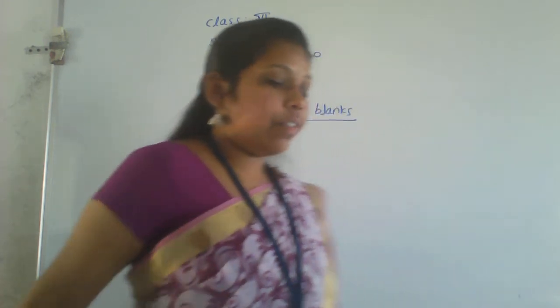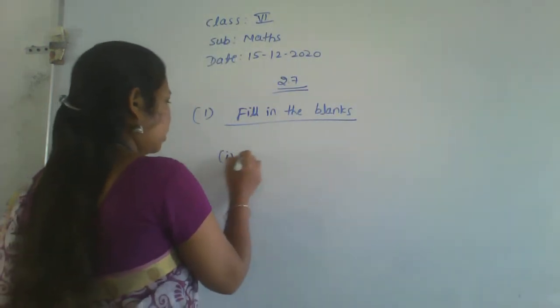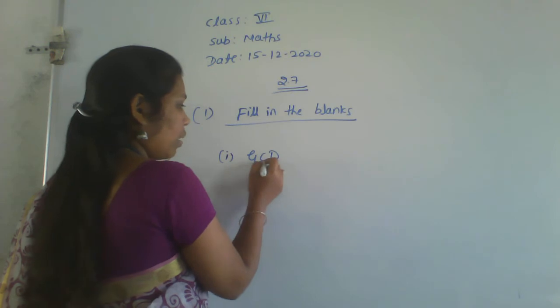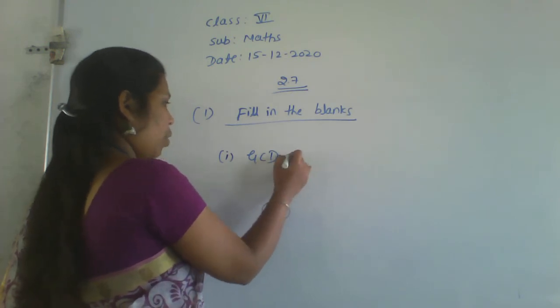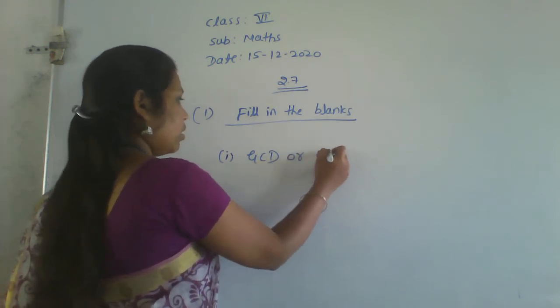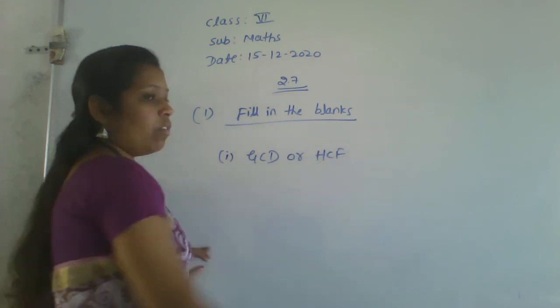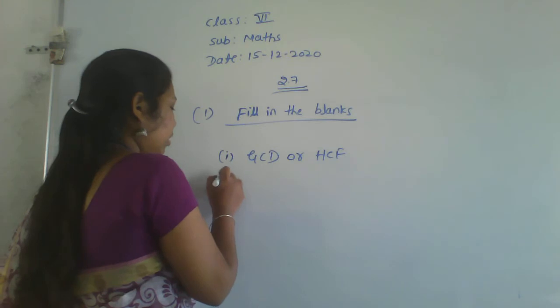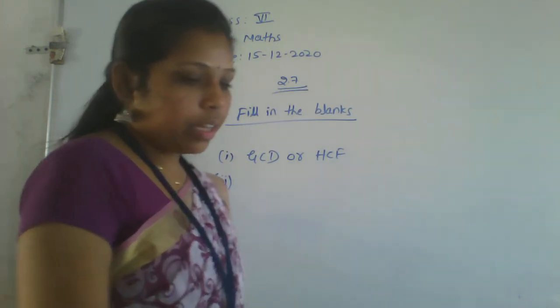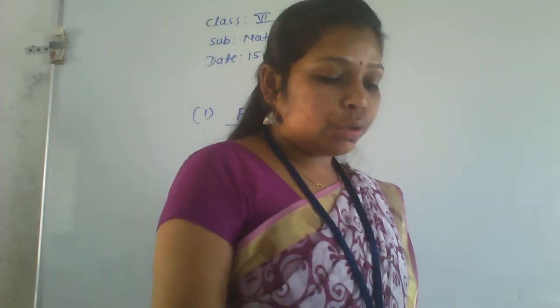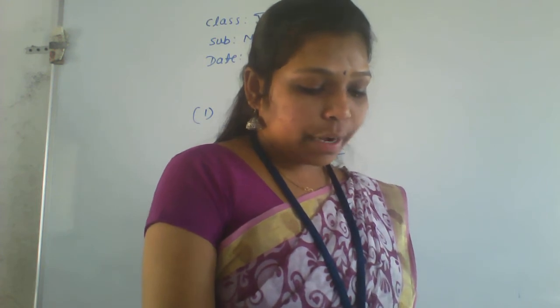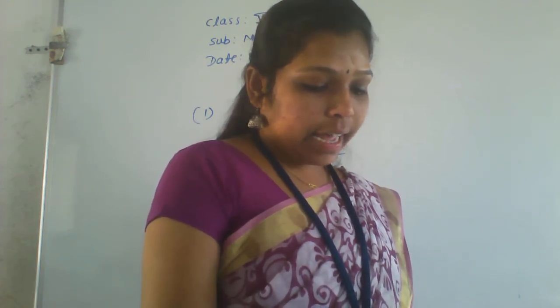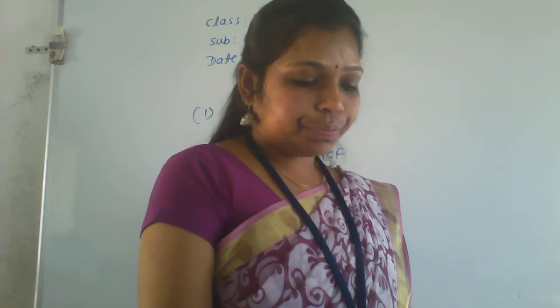Okay, right. The first answer is GCD, greatest common divisor or greatest common factor, or else write HCF, highest common factor. Both are the same. You can write any one. Next, second one: the HCF of two or more numbers cannot be greater than the dash.